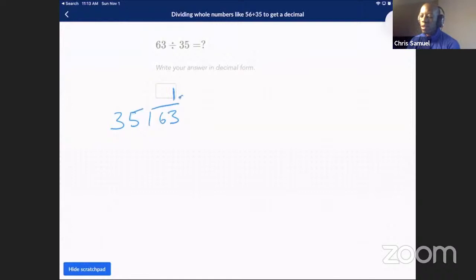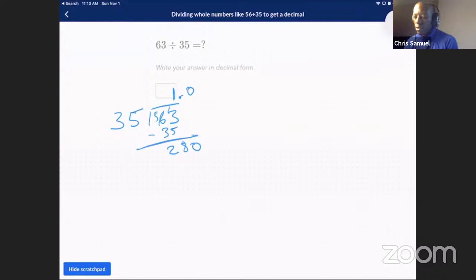And then we put the decimal here. 1 times 35 is 35. And then you can start to do the math and subtraction.